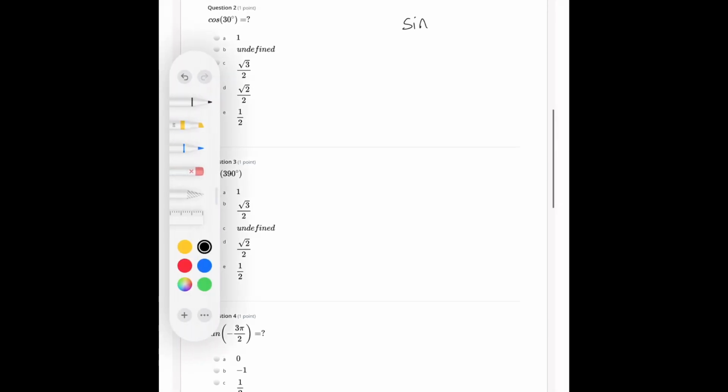If it's asking for sine of some angle, you're just looking for the y part of the coordinate. It's really y over your radius, but the radius is 1, so we just say it's y. Cosine is x over r, which is just x. Tangent is y divided by x, opposite over adjacent.